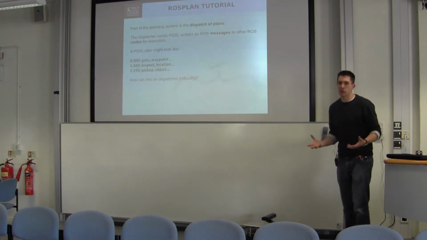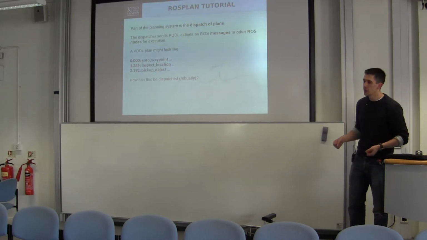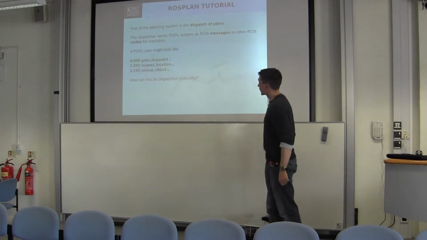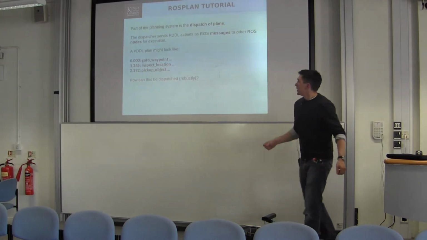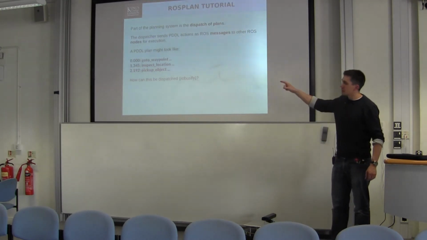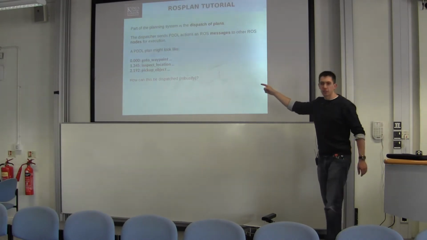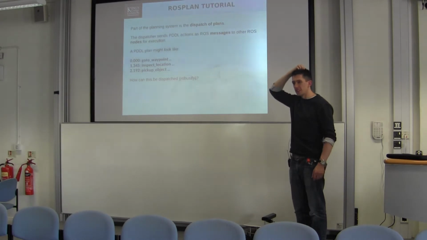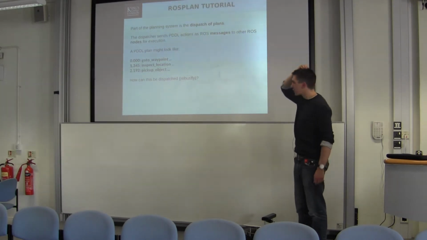Move base knows how to do pathfinding and movement, so we have to make sure the message we send to move base is in terms that it understands. It seems fairly simple, but can anyone see an immediate problem with this plan here? Or at least a difficulty with dispatch here?